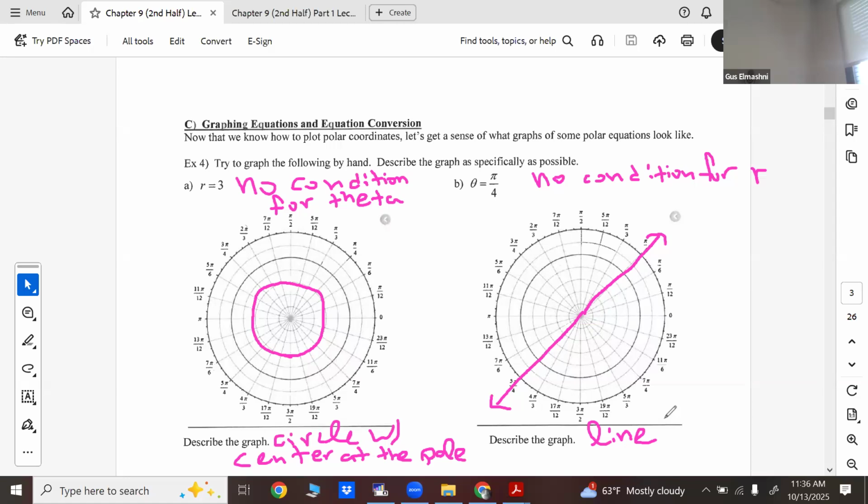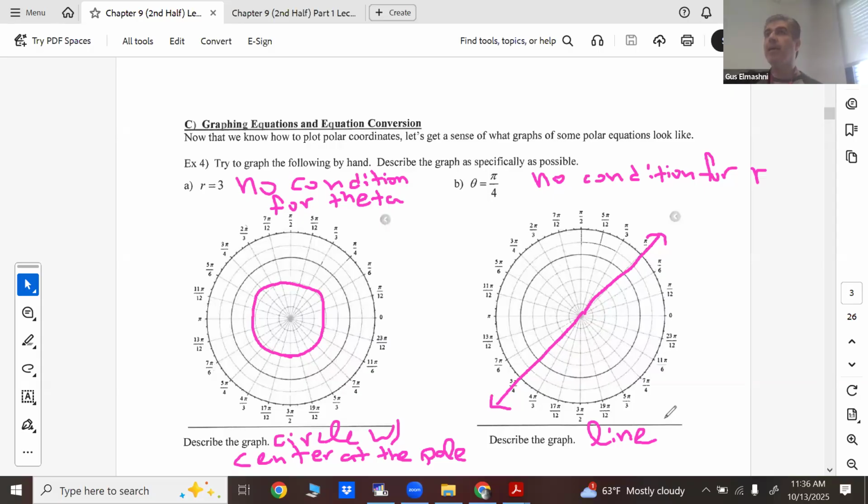So you have to kind of wrap your head around a little bit. It'll take some time because you guys have been trained for so many years to think in terms of X and Y. But for example, if I asked you to graph Y equals 4, why is Y equals 4 a horizontal line? Because you have anything you want for X, right? If I ask you to graph X equals 5, why is it a vertical line?